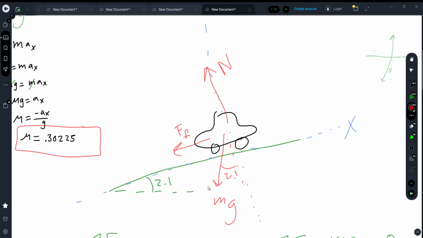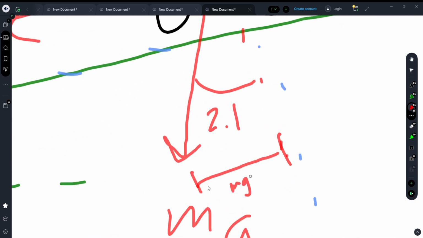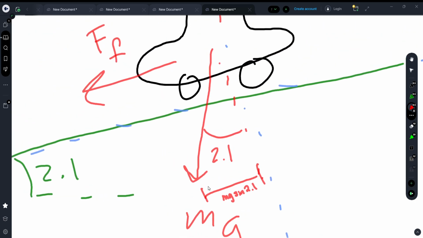And our inclined plane here, this distance here, this x direction, is mg sine theta, and this distance is mg, oh no, what's that?